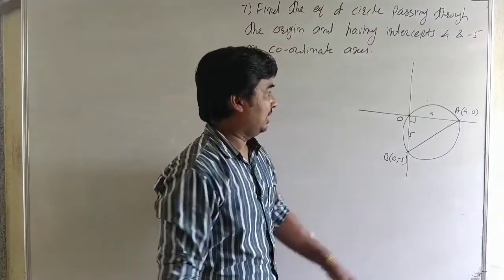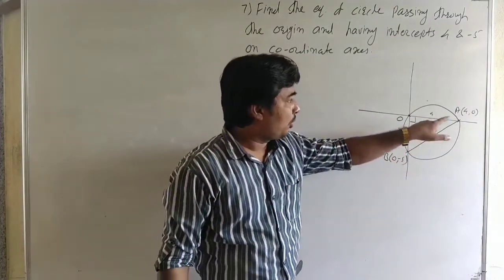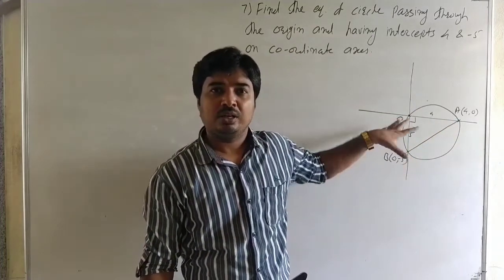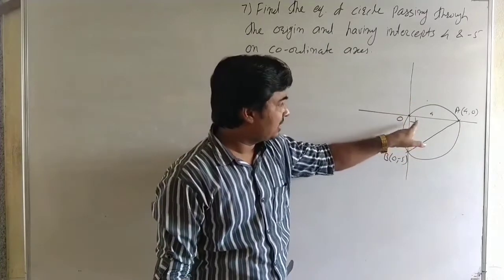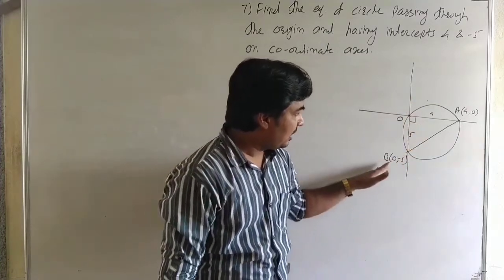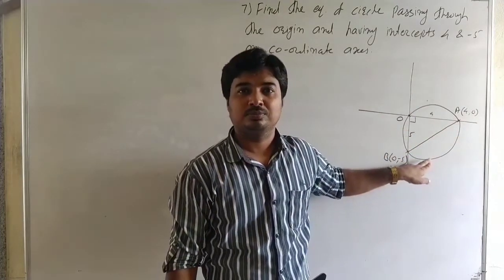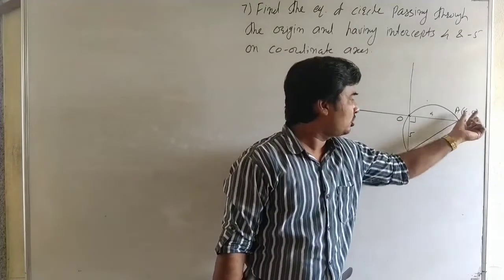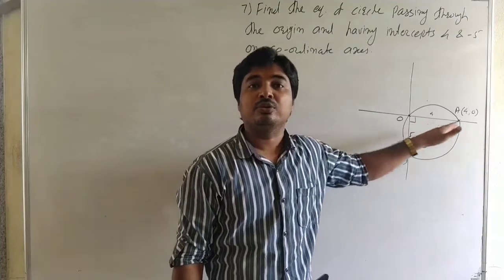Points A, O, B are on the circle, therefore the chord AB is a diameter of the circle. We know the ends of the diameter, so by using the diameter form we find the equation of the circle.